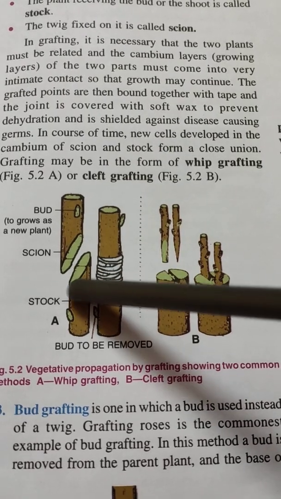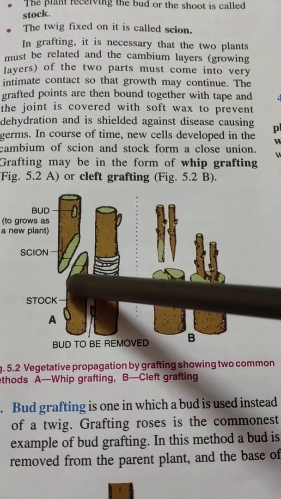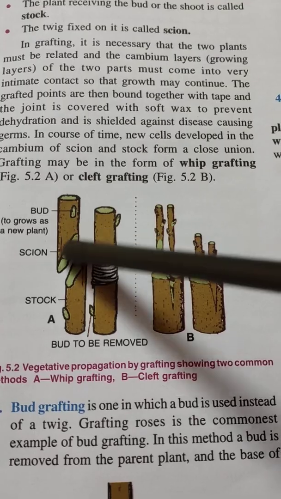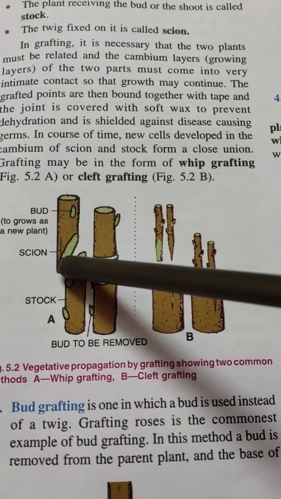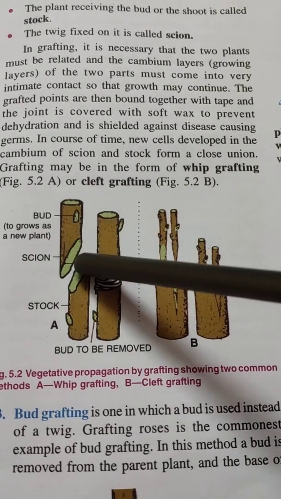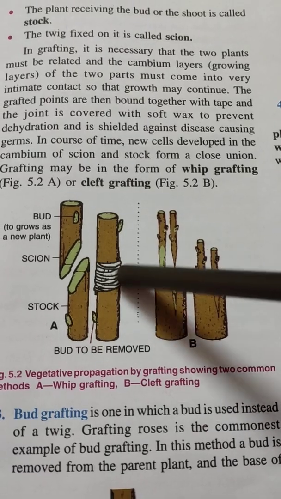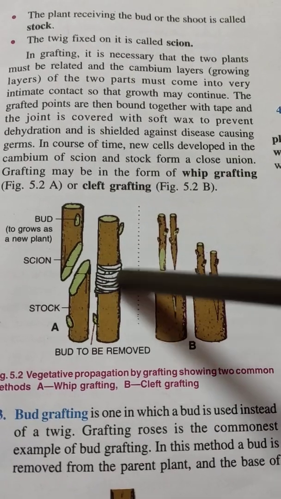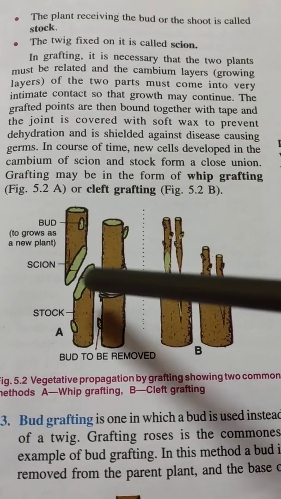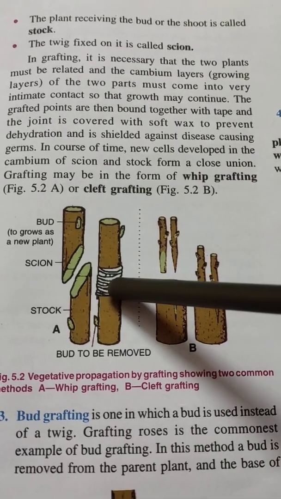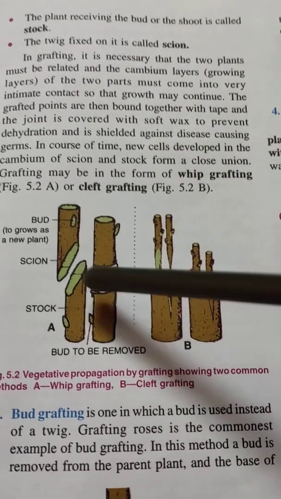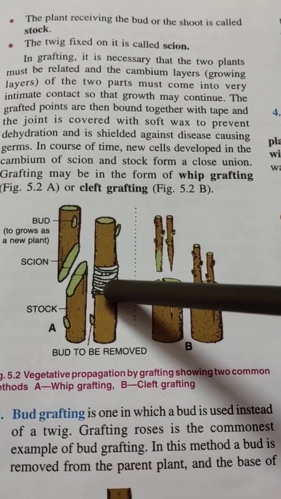Now this is the stalk cut in a slanting position, and this is the scion, another slanting position cut has been made, and it has been tied by a tape where the cambium must come in contact with each other. Then only it will grow into the desired variety of the plant.